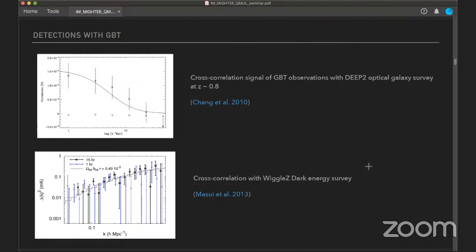The first one was in cross correlation of the GBT map with the DEEP2 optical galaxy survey at redshift 0.8. The second one was with the WiggleZ dark energy survey cross correlation. And there has been no detection in the autocorrelation, and that is still yet to come.